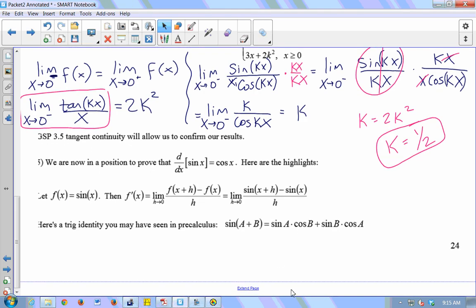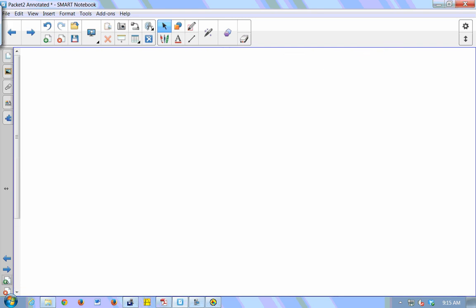Okay, so we're now in a position where we are comfortable with these new limits, sine h over h and cosine h minus 1 over h. We're going to prove that the derivative of sine is cosine using the limit definition of the derivative. So I'm just going to start on a new page here. Okay, so I want to take d dx of sine x.